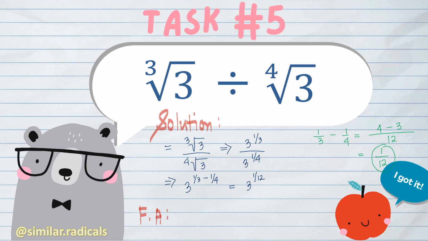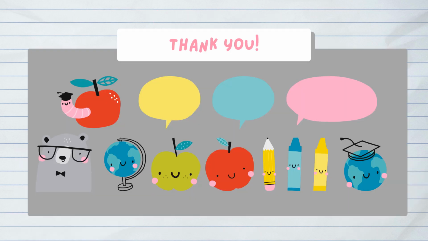So that means I'm gonna have the 12th root of 3 raised to 1, or we just simply write 3. So for our final answer in our 5th task, that would be the 12th root of 3. So that's all for this video. I hope you've learned about dividing radicals.